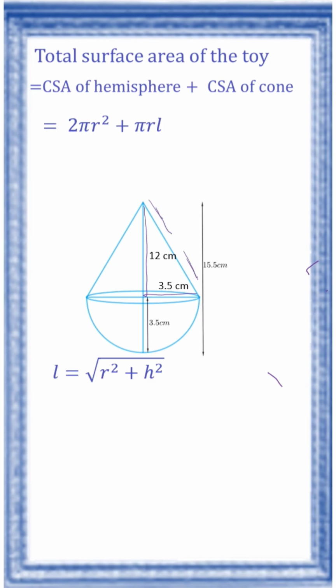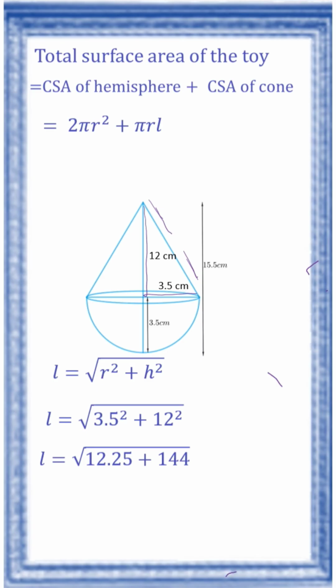Let us go on substituting the values. Radius is 3.5, h is 12. 3.5 square, how can you find it? 3 into the next number, 4, is 12, and since it ends in 5, 12.25. 12 square is 144. If you add these numbers, you will get 156.25.